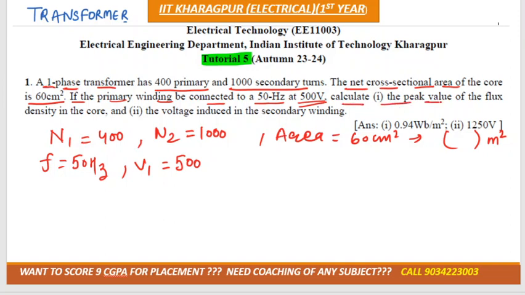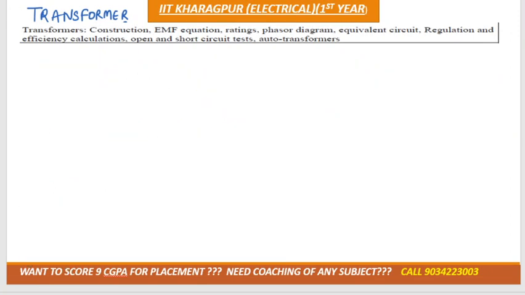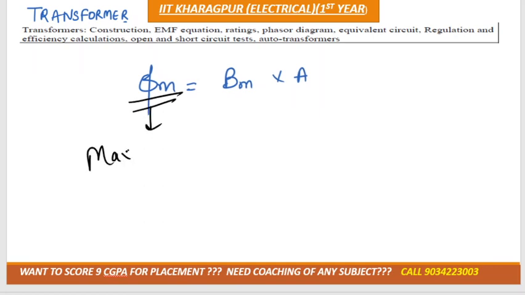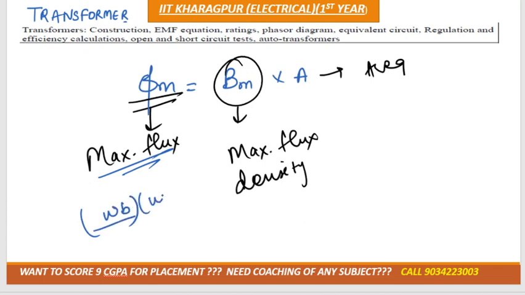Now they ask you to calculate the flux density. Basically, phi m is the maximum flux, and the flux density unit is Weber per meter square, right?